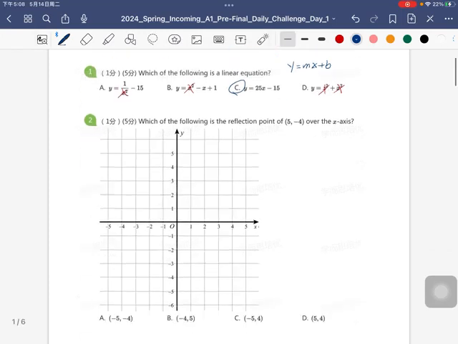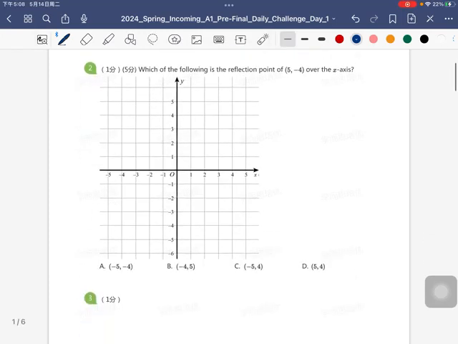Okay, all right. And then guys, we have a problem related to reflection. We're told that there's a point (5, 4). Let's say this is A, and it's reflected over the x-axis.